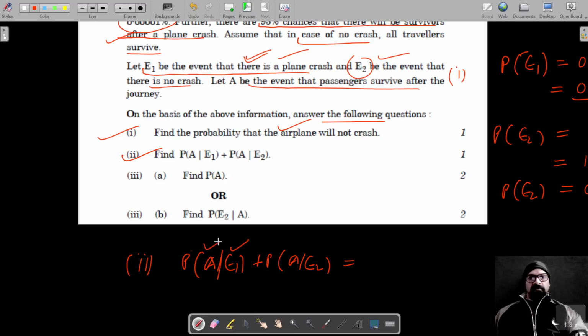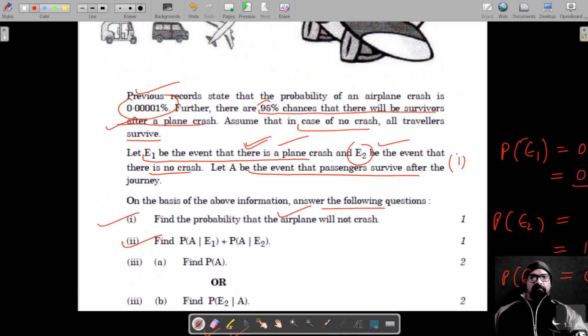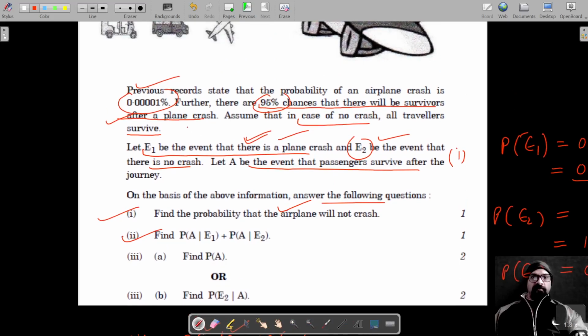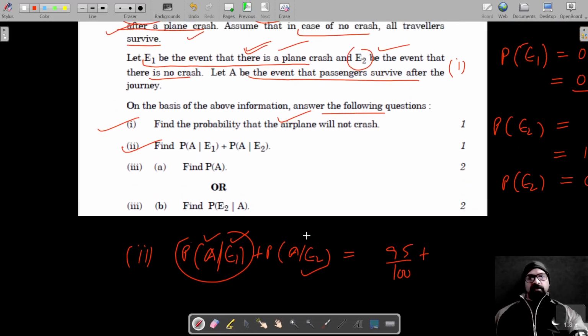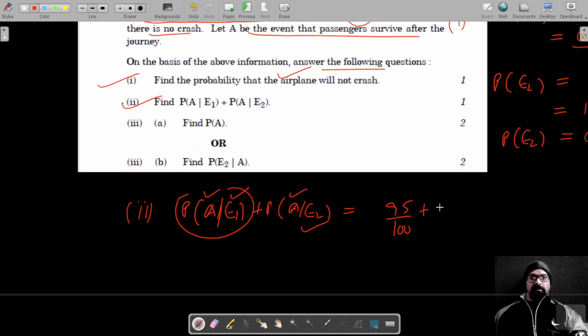When the plane crashes, there are 95% chances that there will be survivors, so for this it's 95 by 100. And for E2, the plane will not crash and the passengers survive, so the probability is 1. So this is 95 by 100 plus 1, which is equal to 195 by 100.